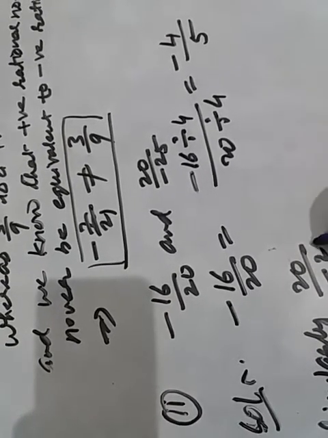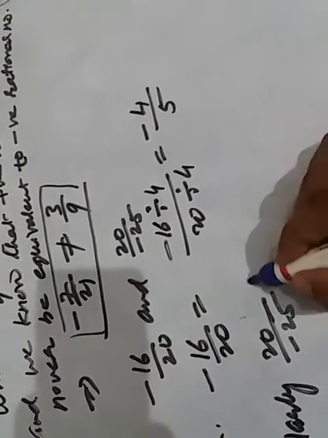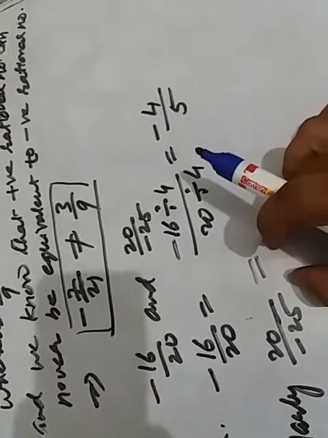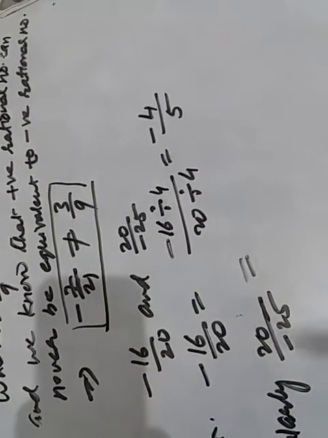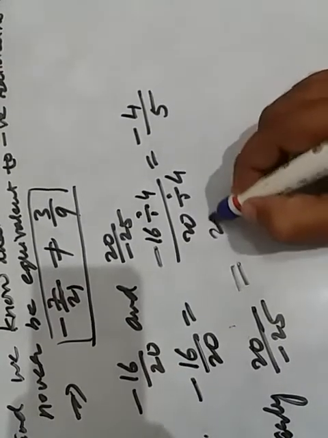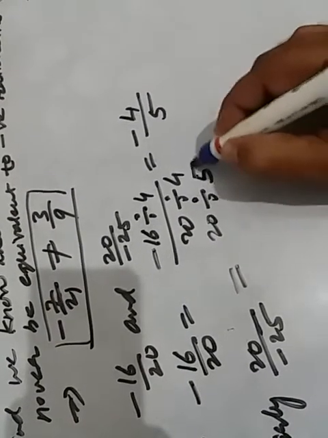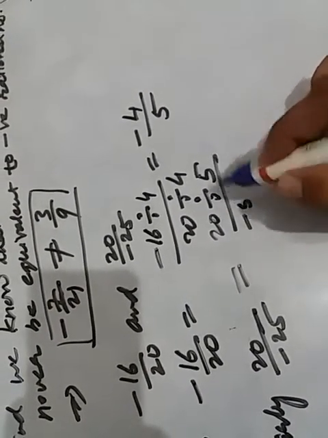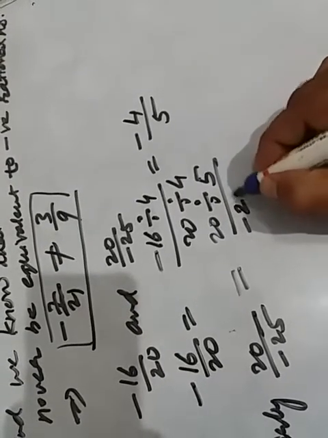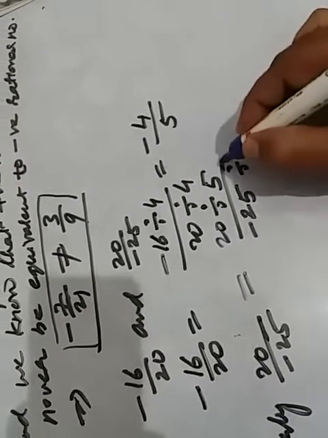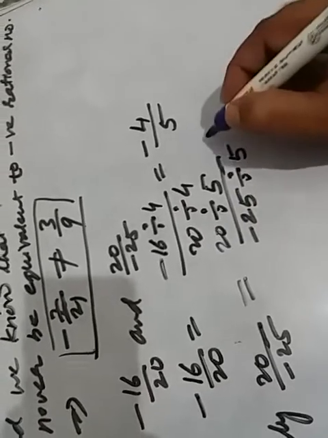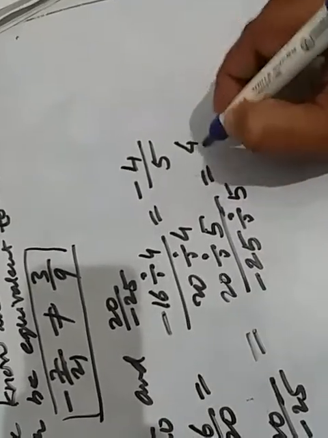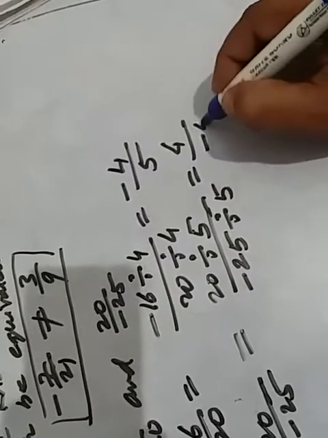20 upon minus 25. You can again divide both numerator and denominator by a non-zero common divisor, that is 5: 20 divided by 5 upon minus 25 divided by 5. This is equal to 4, because 5 times 4 is 20, and minus 5, because 5 times 5 is 25.